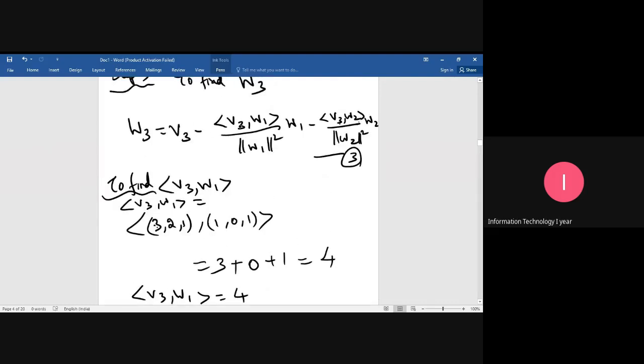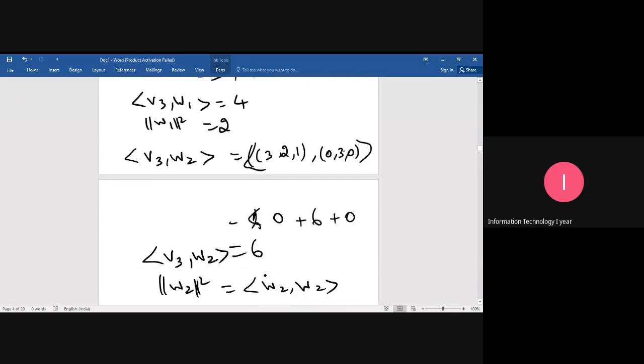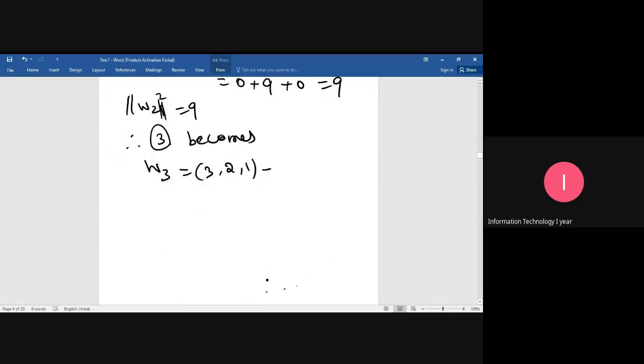V3 minus inner product of V3, W1 by norm W1 square into W1. V3 W1 is 4. So it is actually 4 divided by 2 into 1, 0, 1, minus, the formula says, inner product of V3, W2.